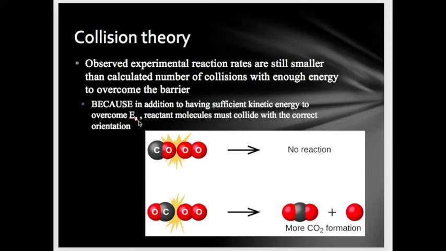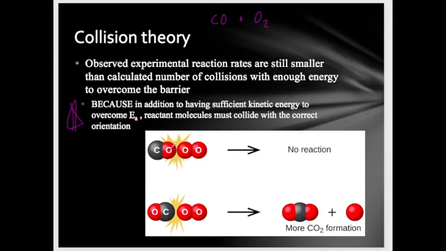So this is what this statement right here is saying. In addition to having that sufficient kinetic energy to overcome activation energy, the reactant molecules have to collide with the correct orientation. So in other words, in this reaction between CO and O2, when my CO molecules collide with O2 molecules, there is a wrong way for them to collide.